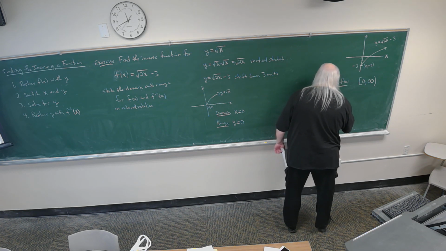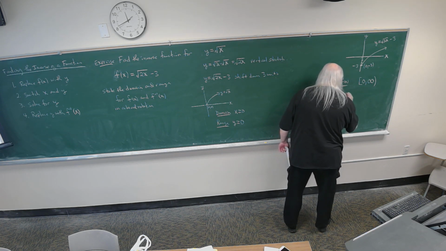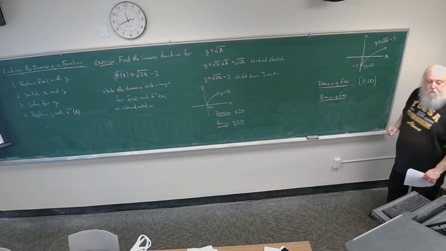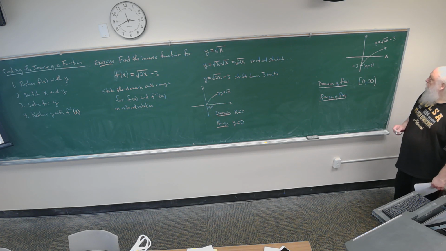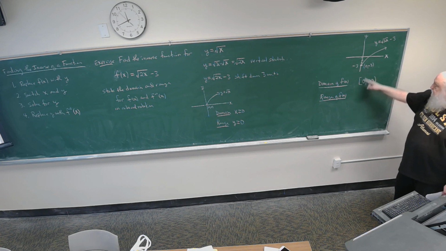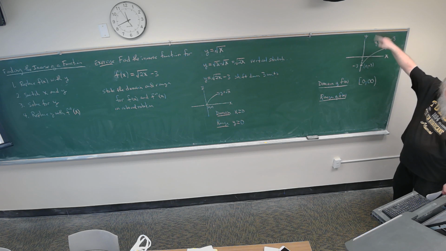So remember, the domain is the x coordinates, the range is the y coordinates, right? Is there a minimum y coordinate in this graph? -3. Is there a maximum? So the range is -3 to infinity, right?